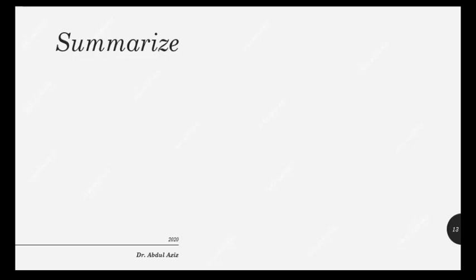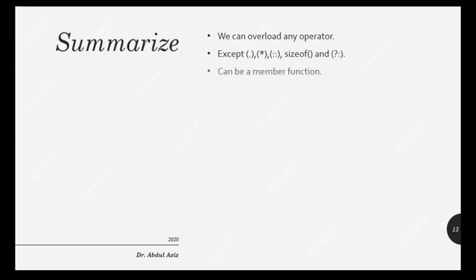Let us move towards the summarization of this lecture. Remember, we can overload any operator except the dot operator, the pointer operator, the scope resolution operator, sizeof, and the conditional operator, also known as the ternary operator. It can be a member function, it can be a friend function.